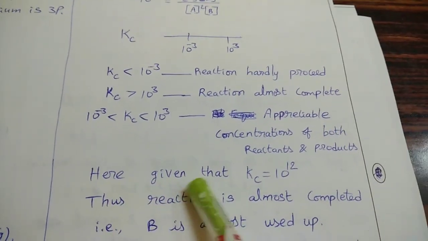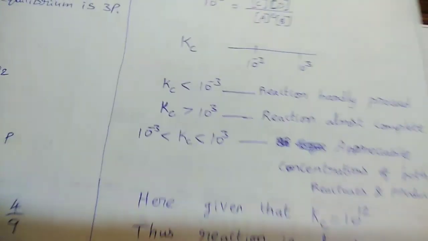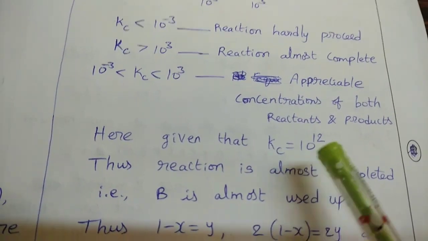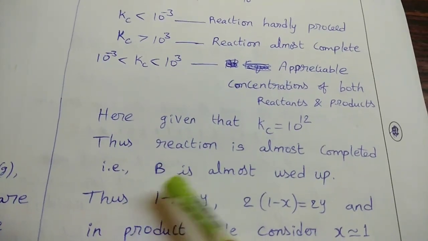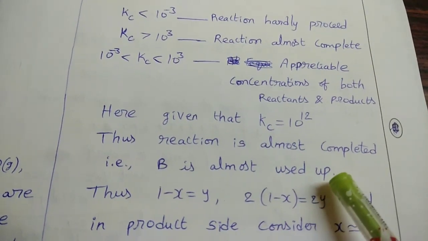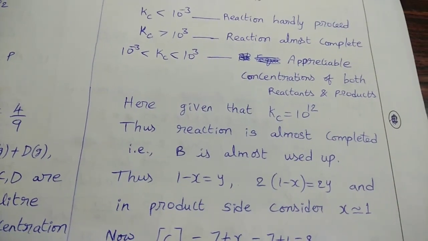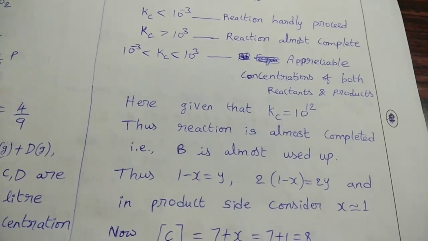But here in the given condition, Kc equals how much? Kc equals 10^12. Thus the reaction is almost complete. That means B is almost used up, because it is given only 1 mole, so that amount will be completely consumed.